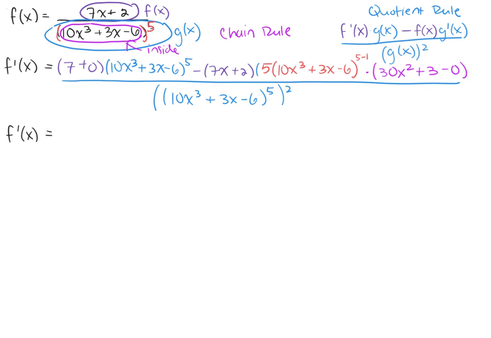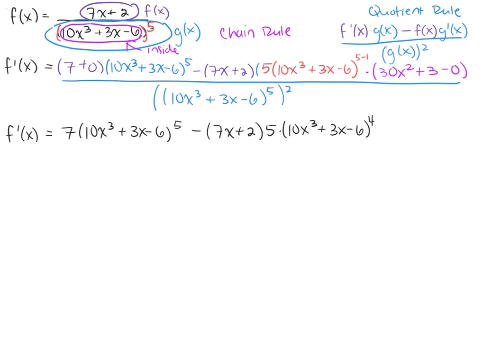So in the numerator, what do we have here? I have 7 times the quantity 10x to the third plus 3x minus 6 to the fifth power, minus 7x plus 2 times 5 times 10x to the third plus 3x minus 6 to the fourth power times 30x squared plus 3, all over.